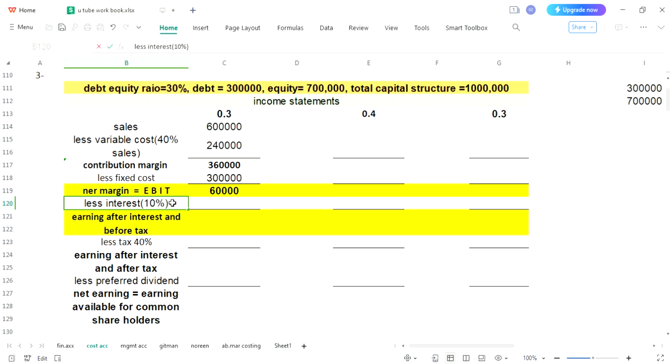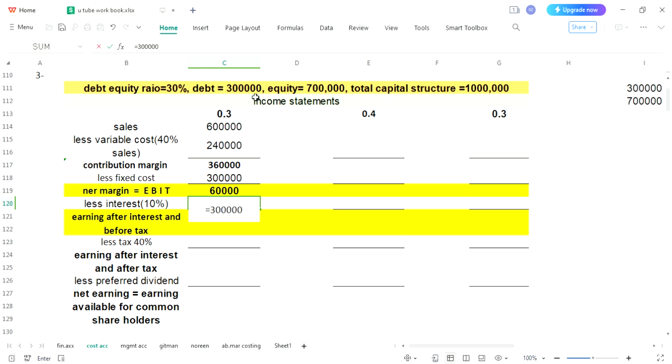Interest would be calculated, and since interest is directly associated with the amount of debt, which has already been fixed, look over here, the debt amount is 3 lakh. So this debt amount would be the main source for calculating interest.